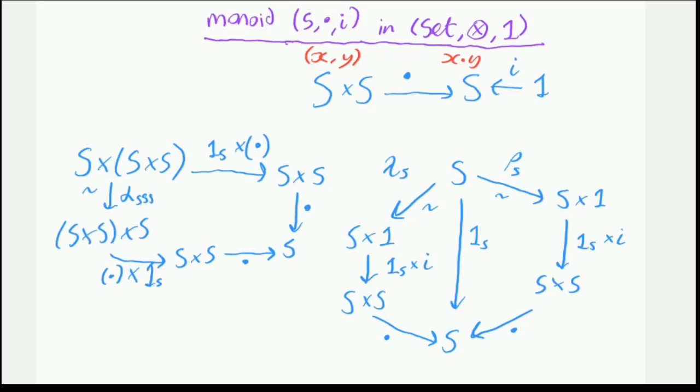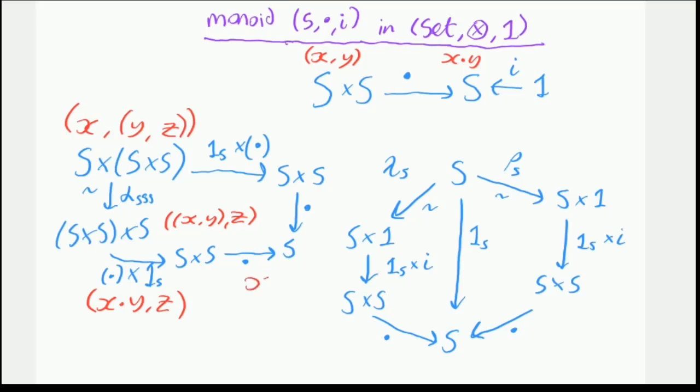So let's just follow through this diagram. What does it mean? Well, we have X, Y, and Z here, which are organized like this. We could reorganize them with our associator so that we get X, comma Y, comma Z. We could do the dot on the first element, leave the other element alone. So we get X dot Y, comma Z. And we could dot that.